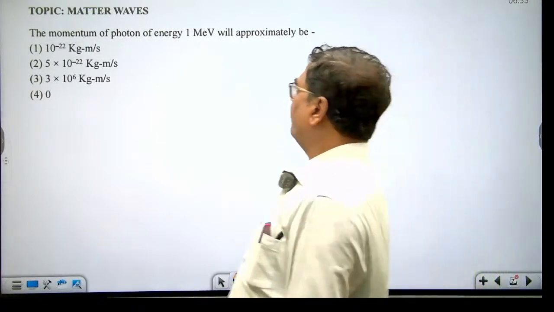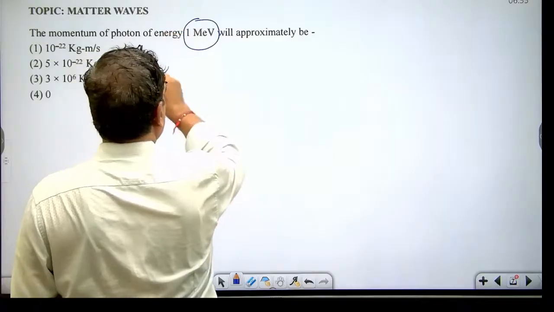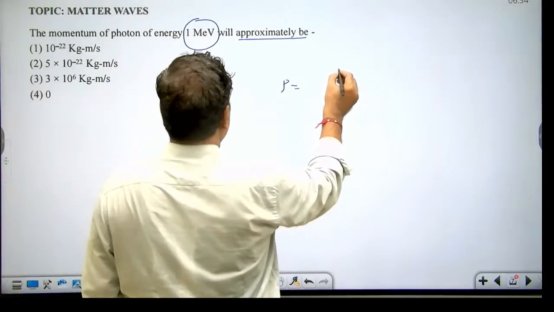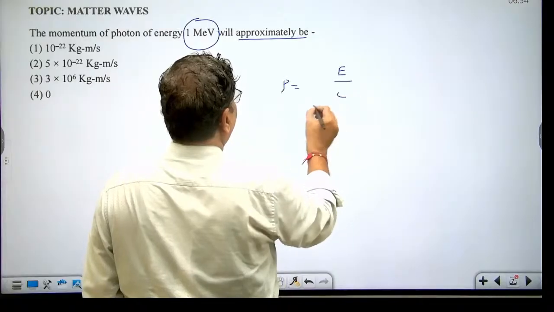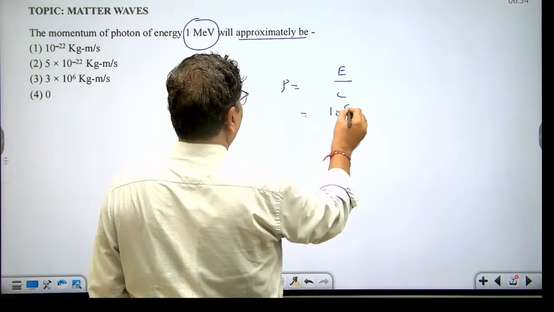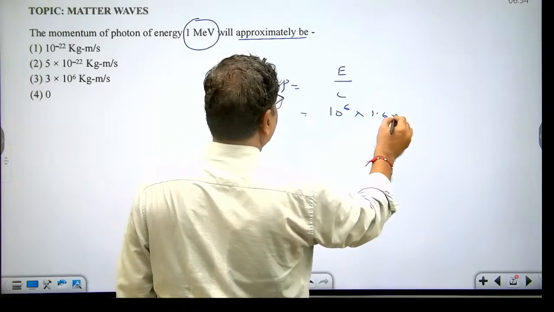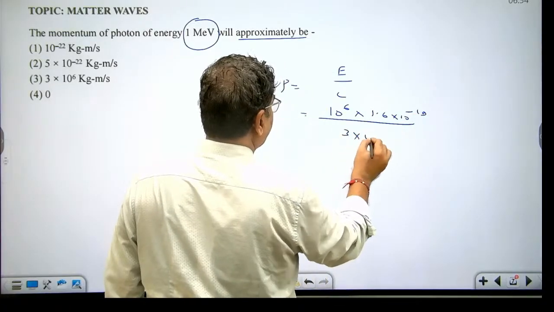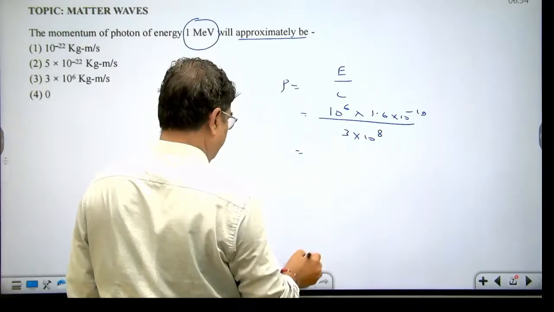The momentum of a photon of energy 1 mega electron volt will be approximately momentum equal to E upon c. Energy is 1 mega electron volt, means 10 power 6 into 1.6 into 10 power minus 19 joule, and c is 3 into 10 power 8 meter per second.